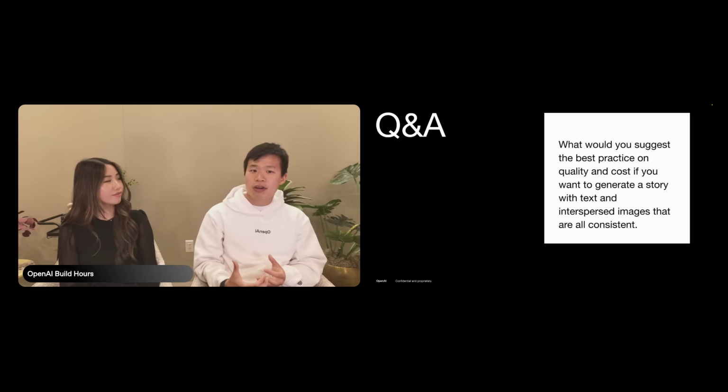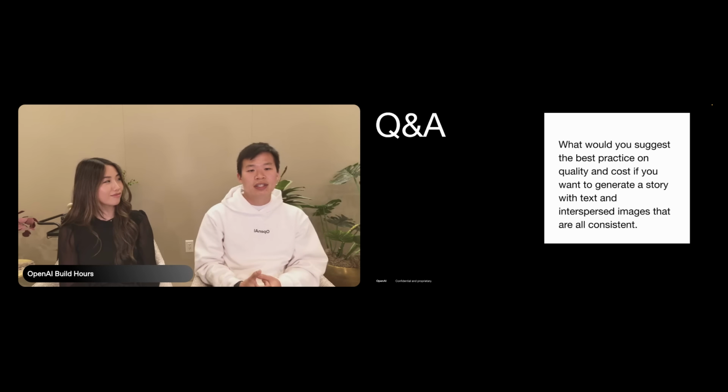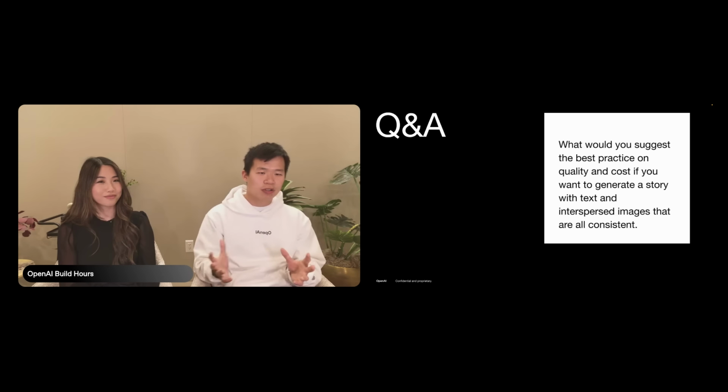You can either pass the images back as a reference, or you can pass in the previously generated images as image generation IDs. The Responses API will be able to take all of those, see what you have previously generated, and put together the bits and pieces to generate images that are consistent in style.